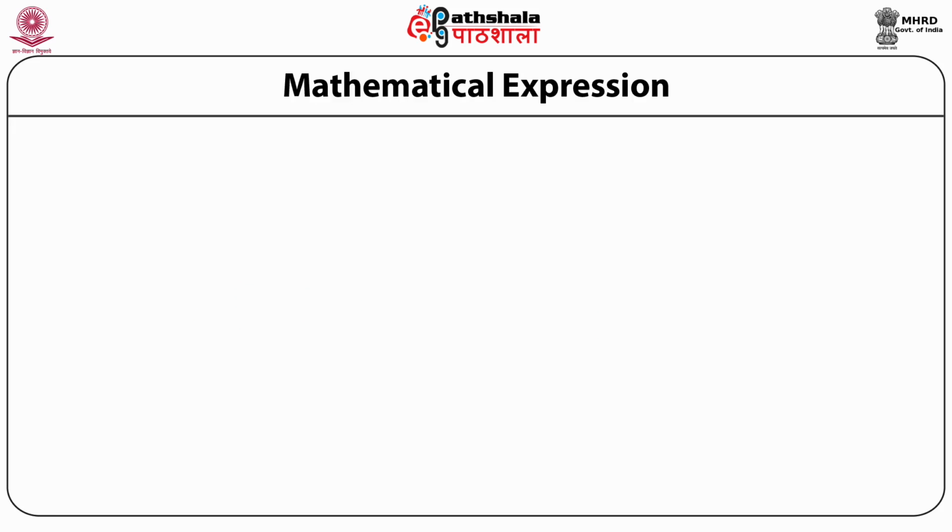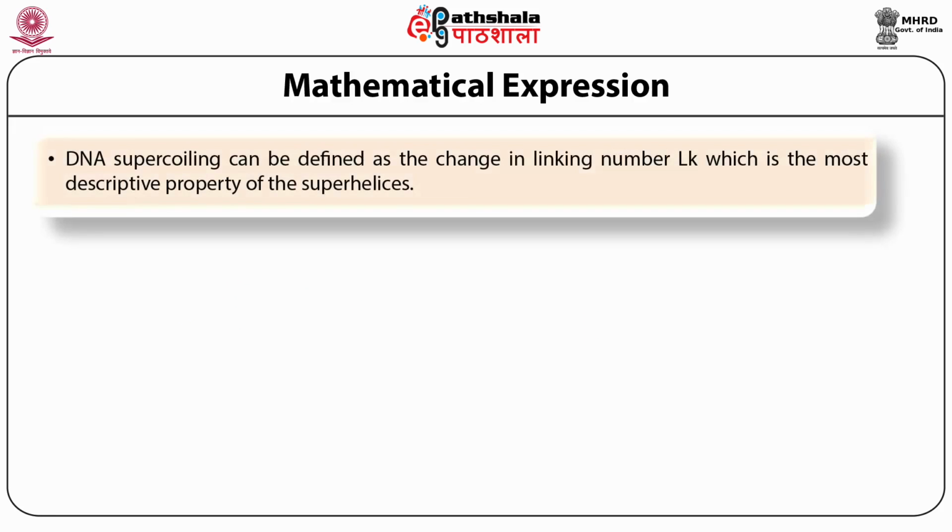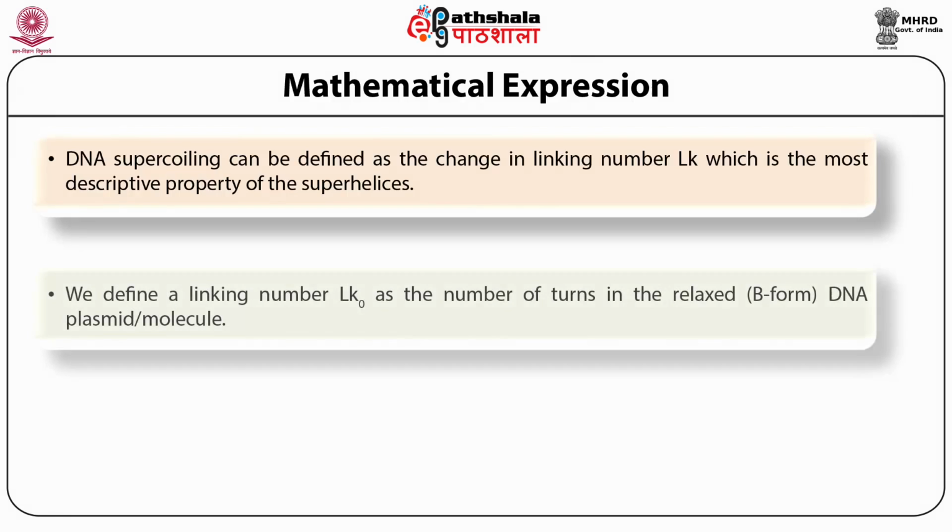Mathematical expression for defining superhelical structure. DNA supercoiling can be defined as a change in linking number Lk, which is the most descriptive property of the superhelices. We define a linking number Lk0 as the number of turns in a relaxed B-form DNA plasmid molecule.